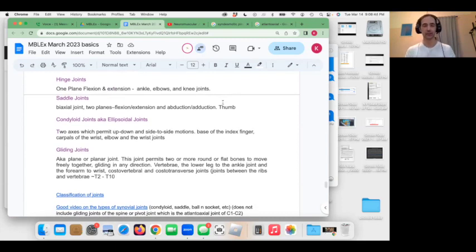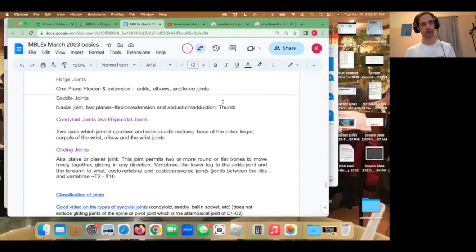Dora. So hinge joints. You just heard us say that the elbow is a hinge joint. Can you name the two other hinge joints in the body? These are joints that only allow for movement in one plane, flexion and then extension.